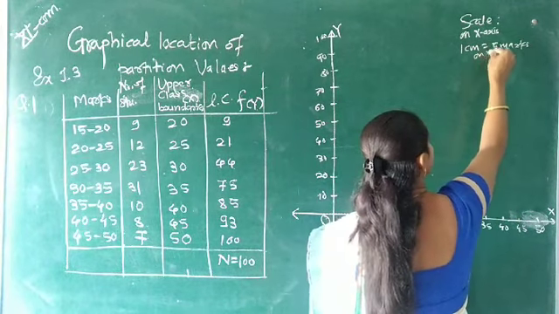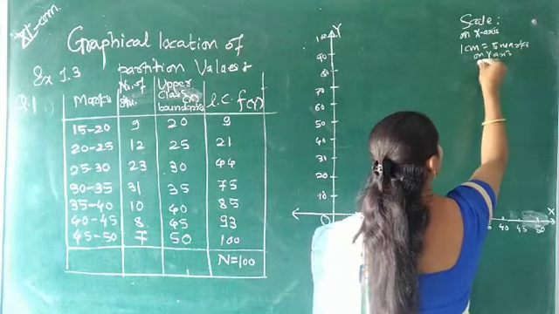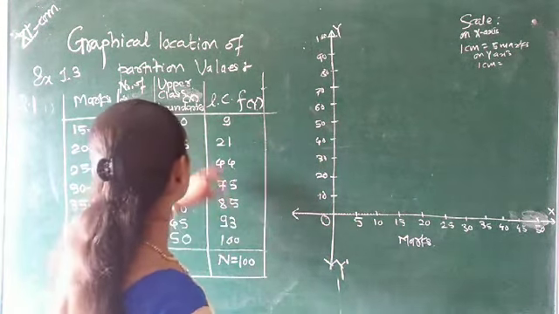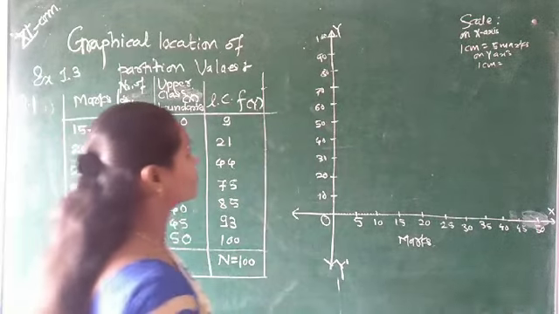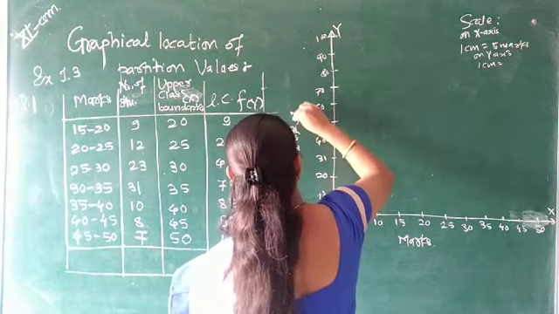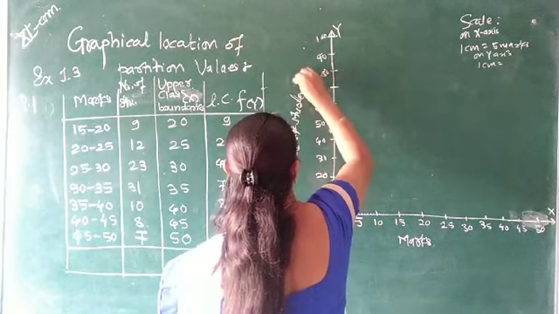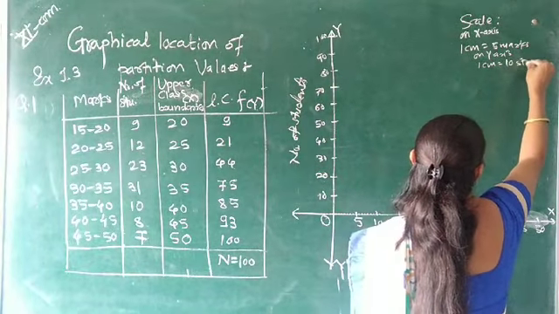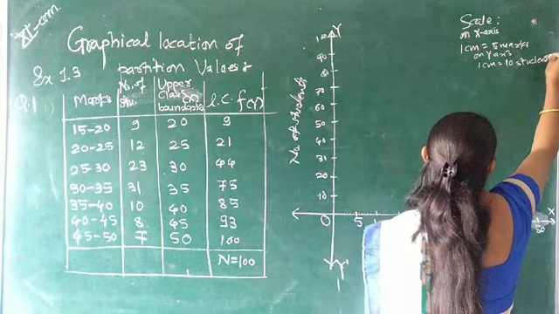And on the y axis, 1 centimeter is equal to 10. That means 10 is the number of students. 1 centimeter is equal to 10 students.